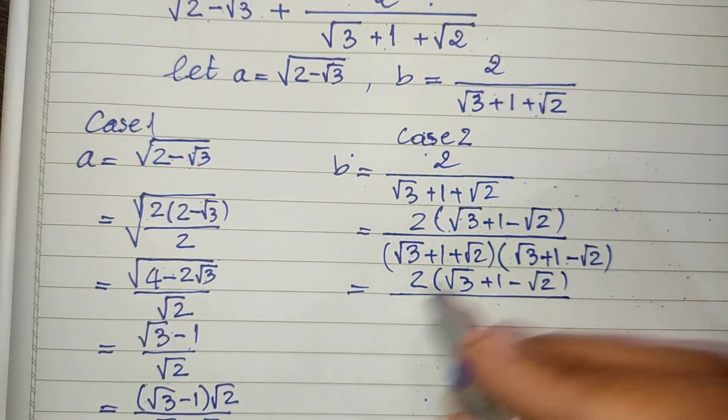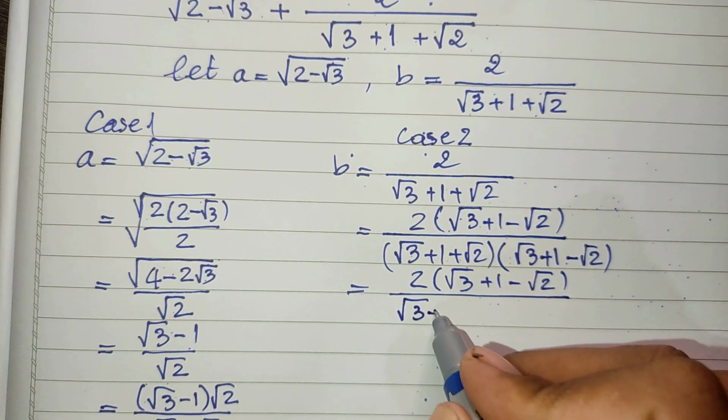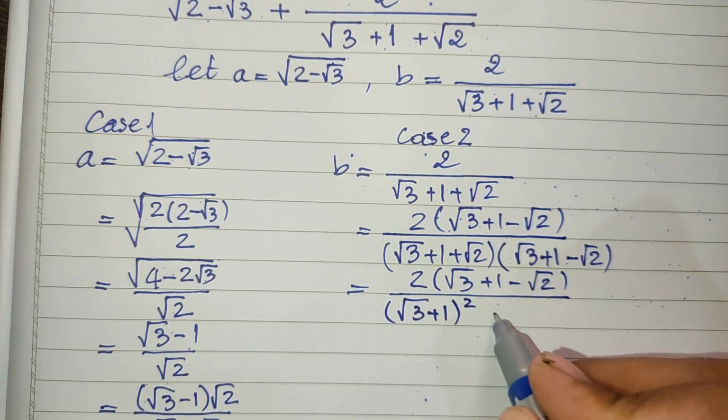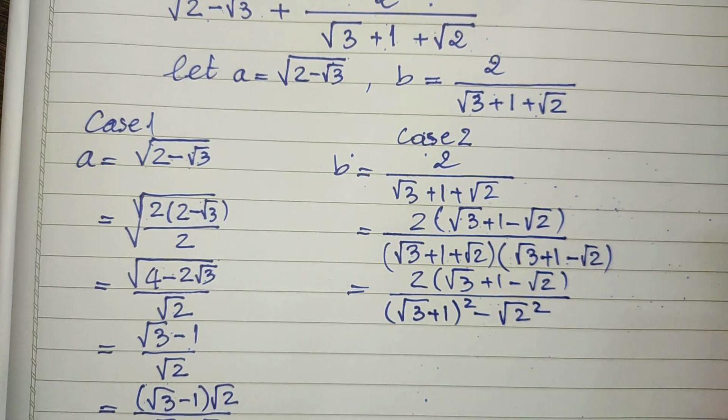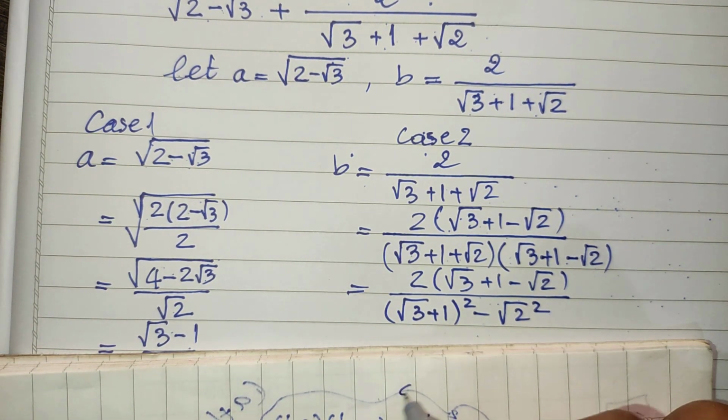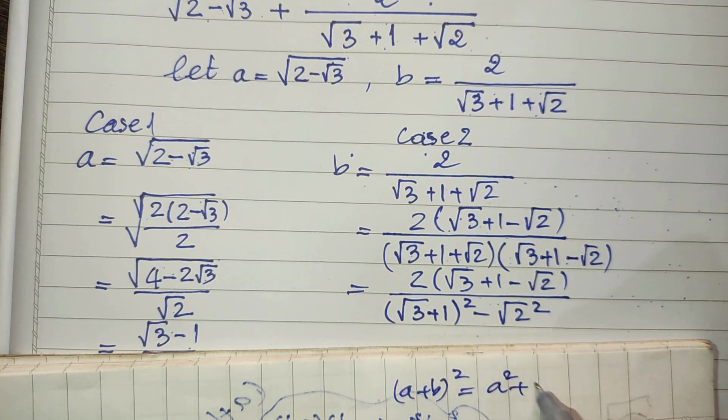Okay, so we can write (√3 + 1)² − (√2)². And for this we use the formula (a + b)² = a² + 2ab + b².